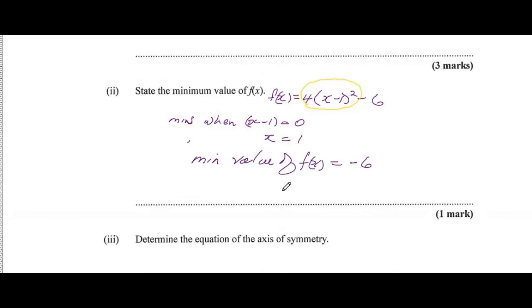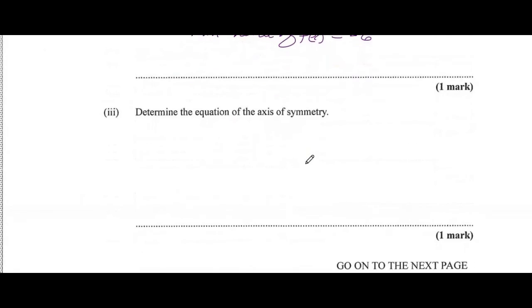Okay? They ask you to determine the axis of symmetry. And if you remember your facts, the axis of symmetry is x equal to negative b over 2a.